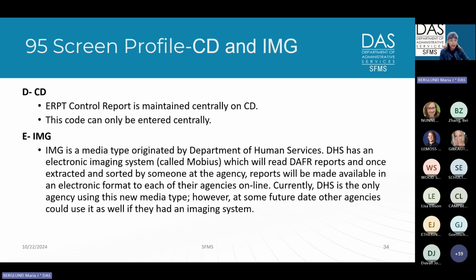Then we have a reporting format available as a CD. This is usually used centrally by SFMS groups, maintained by central teams, as a CD. And the final one is image. This image format is usually used by the Department of Human Services.